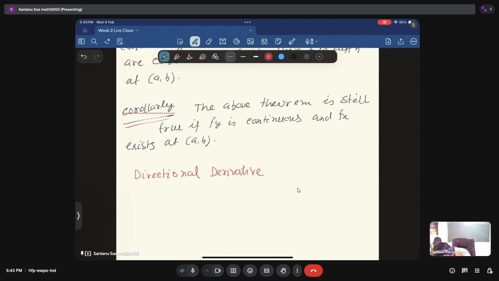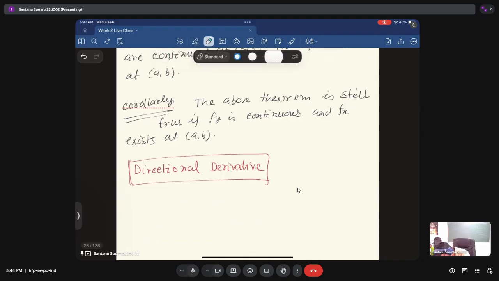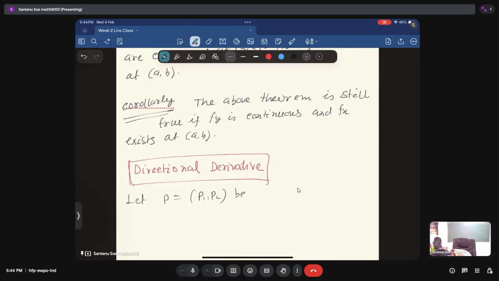Because sometimes questions come from this directional derivative, especially in GATE and IT JAM exams. So let p equal (p1, p2), any unit vector.